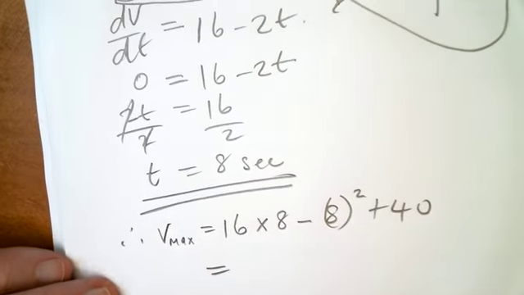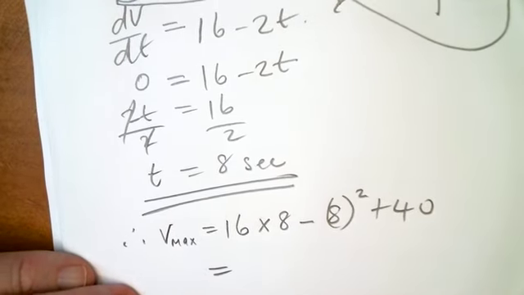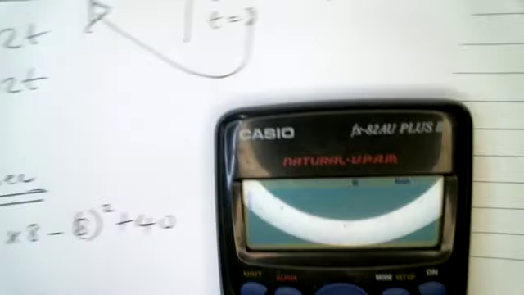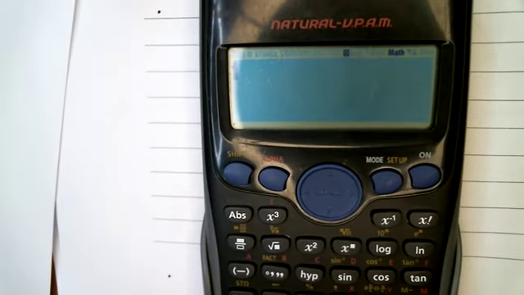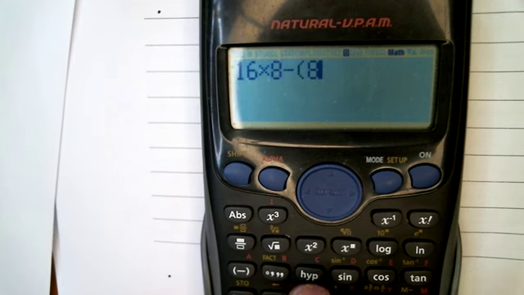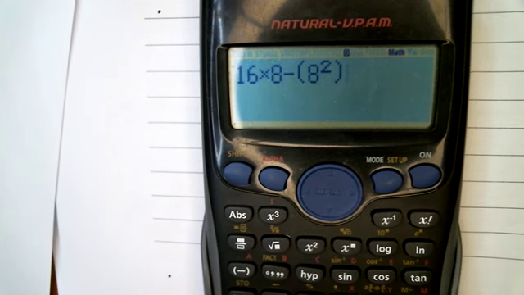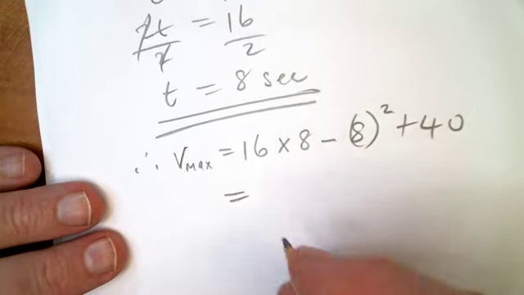I'm going to just throw all that straight into the calculator and see where we end up. 16 times 8 minus 8 squared, plus 40. And we get 104.